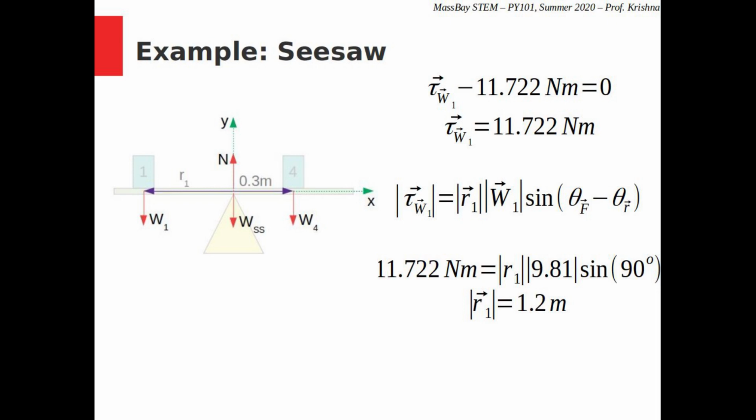The torque of the 1-kilogram mass must be positive 11.772 Newton meters. Since the weight of the 1-kilogram mass is 9.81 newtons, and the angle between the weight and the lever arm is 90 degrees, we can work out the 1-kilogram object has to be located 1.2 meters from the fulcrum.